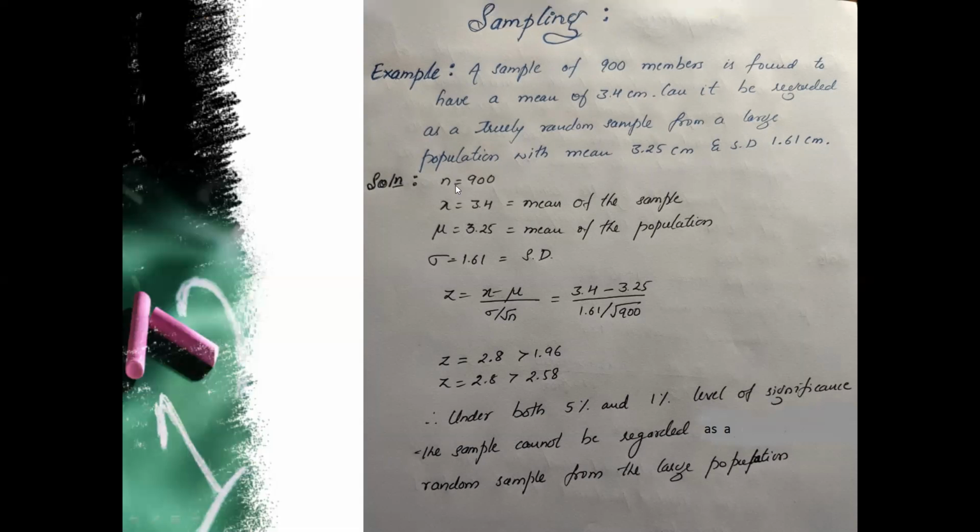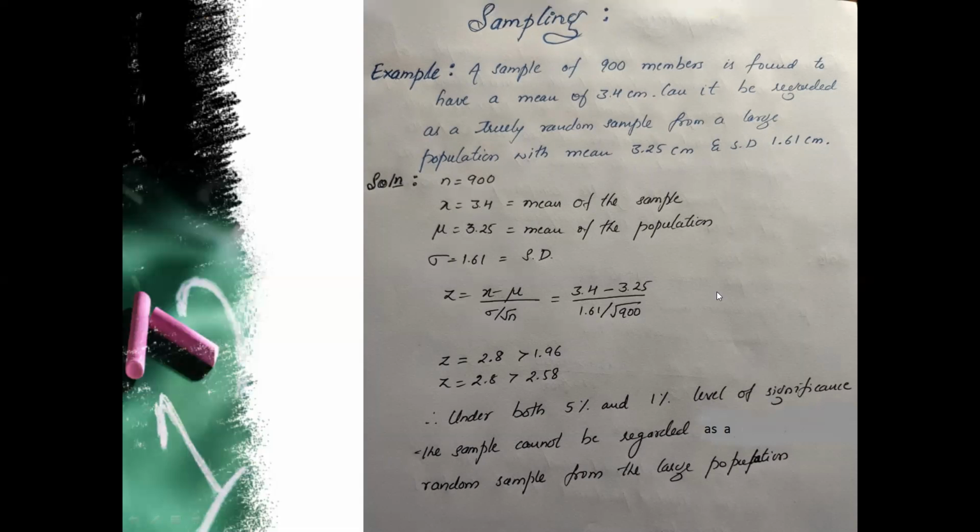Now n is 900 here. X, the mean of the sample, is 3.4. Mu, the mean of the population, is 3.25. Sigma value is 1.61. Now Z is x minus mu divided by sigma by root n.